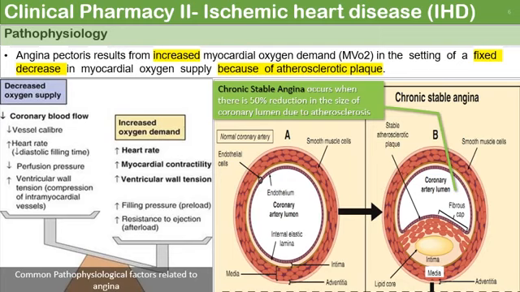Okay, all these may increase the oxygen demand by the myocardium in the face of a fixed amount of oxygen supplied by an already narrowed vessel, leading to what? To damage to the myocardium, small damage that releases pain substances, which cause a substernal chest pain, which is called anginal pain.